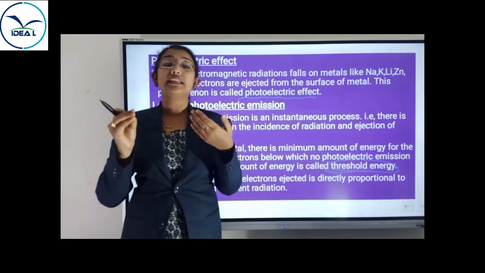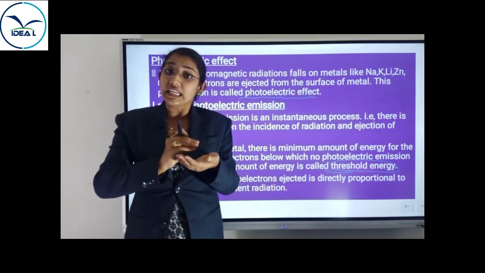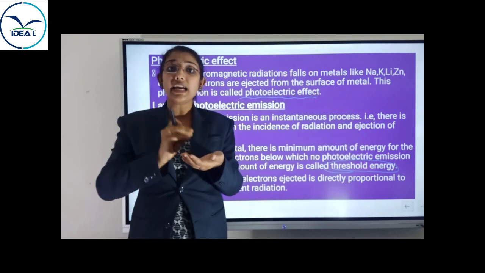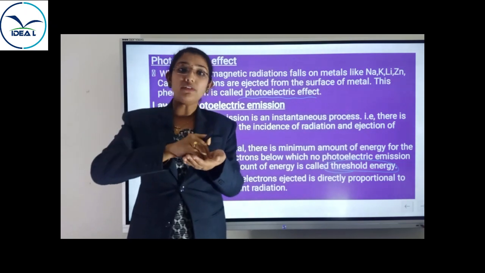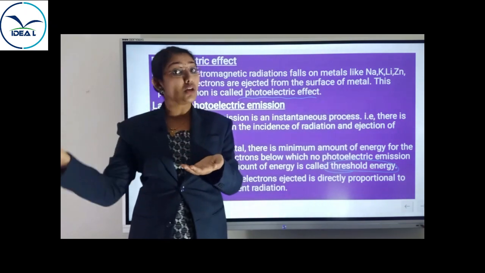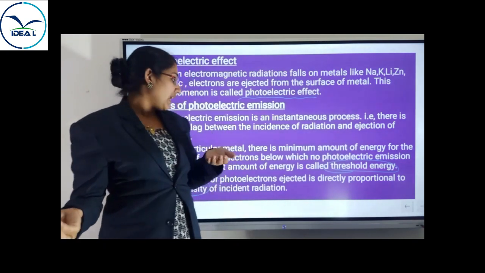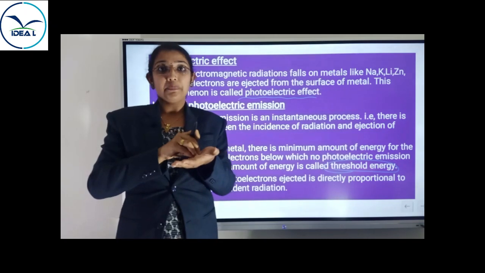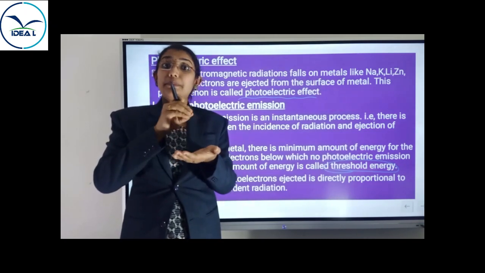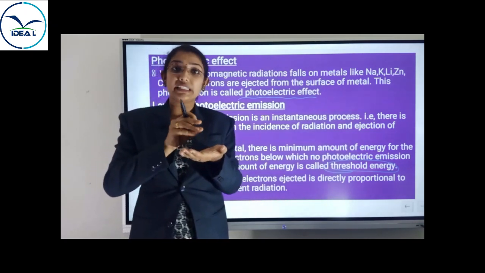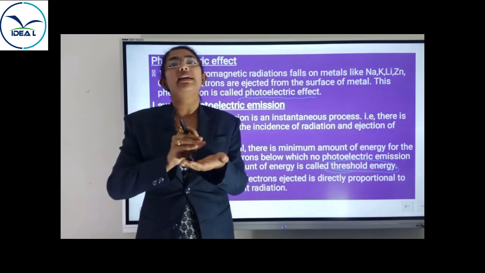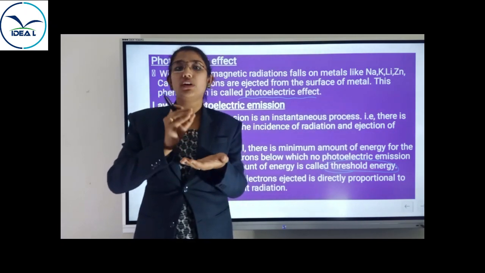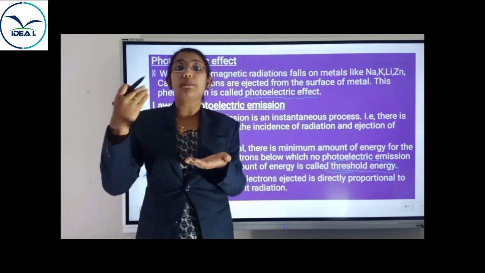Yes, photoelectric effect is an instantaneous process, which means that there is no time lag between the incidence of radiation and ejection of electron. Okay, and what is the next law? Yes, for a particular metal, there is a minimum amount of energy at which photoelectric emission takes place.